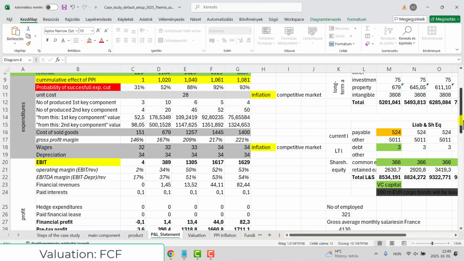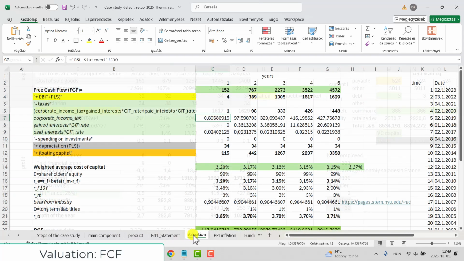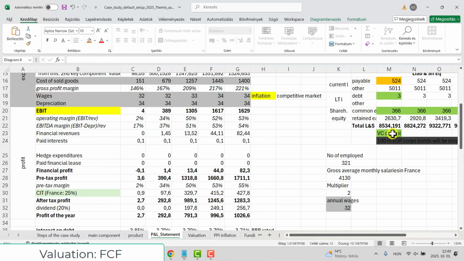Then we have corporate income tax. C30. Yes, it's in France, it's 25%, we can remember on that. So this is good. Gained interest. We don't have in the first year gained interest because that would create circular functions, so that's why financial revenues are 0.